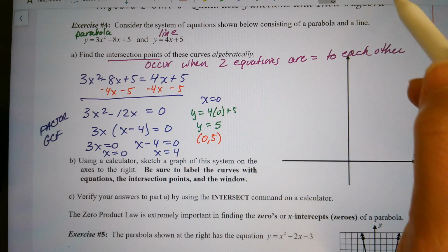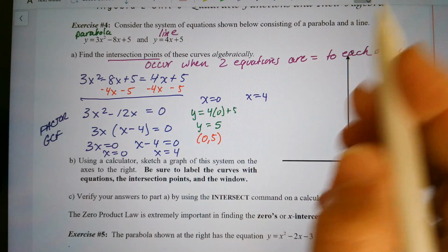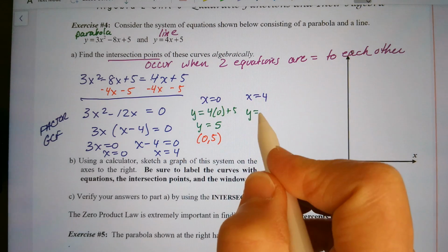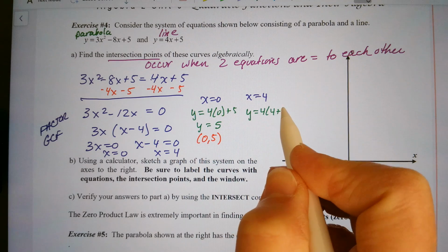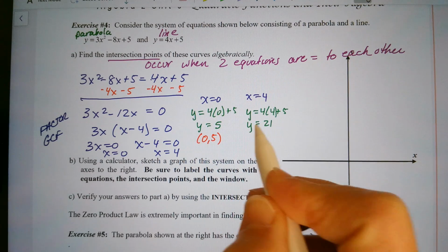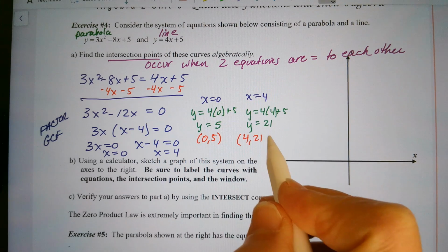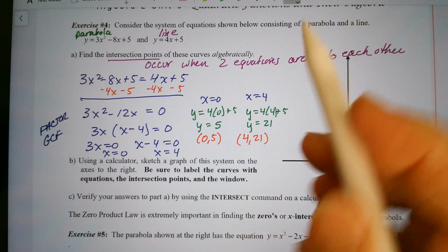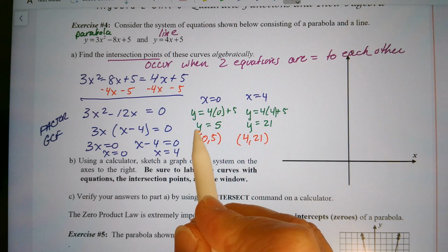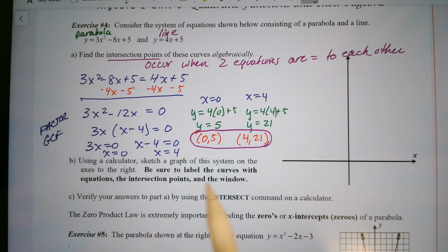And when x equals 4, what does y equal? 4 times 4 plus 5. 16 plus 5 is 21. So this is 4, 21. So these are our intersection points. 0, 5, and 4, 21. These are our intersection points.